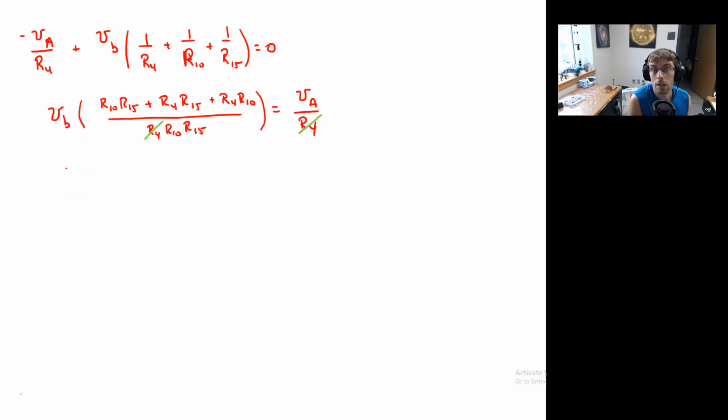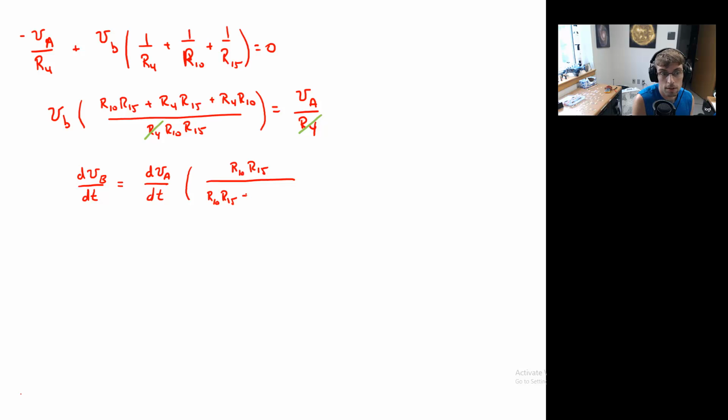So I'm already on to step 2. I said I would take a time derivative of it. So what we have here is the change in VB as a function of time is equal to a change in VA as a function of time times this constant, R10 R15, divided by, I'll write it all out again.